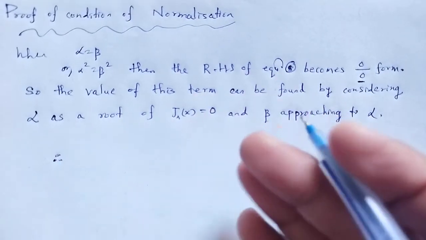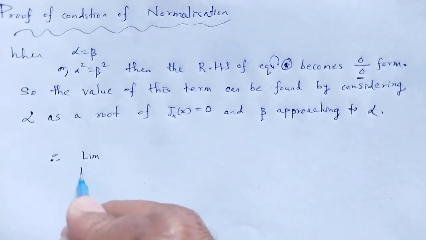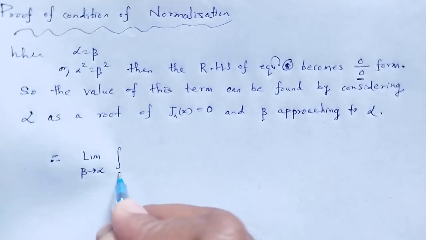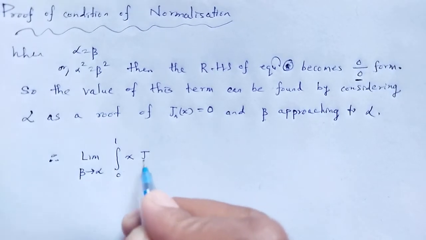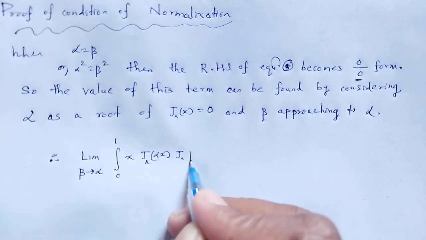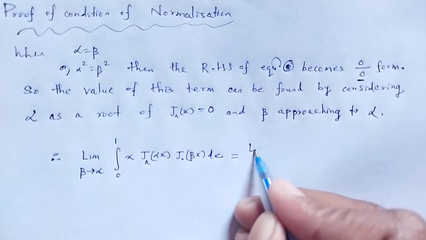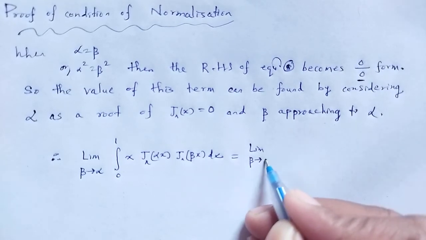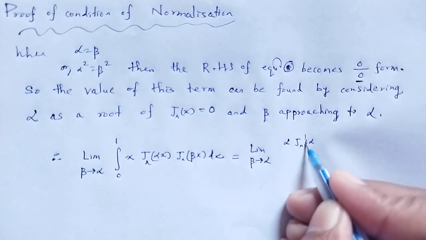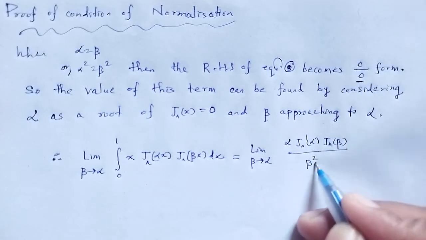Therefore equation 8 can be written like this: limit beta tends to alpha of integration from 0 to 1 x Jn of alpha x Jn of beta x dx is equal to, again the limit beta tends to alpha, of alpha Jn dash alpha Jn of beta divided by beta square minus alpha square.